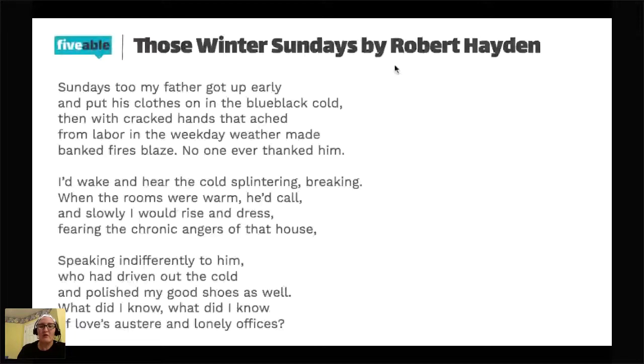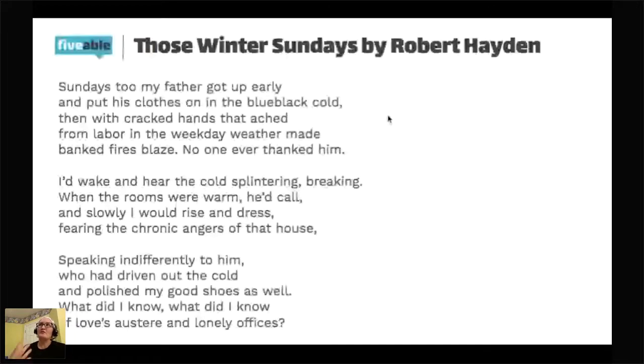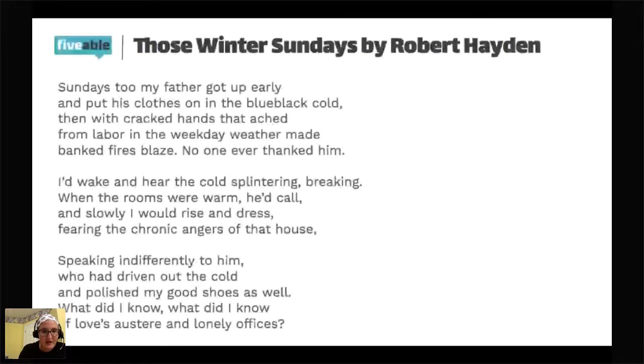That's one of the ways that you can pull meaning or tone out of the poem. For example, in this particular poem, maybe he wants to highlight "fearing the chronic angers of the house, speaking indifferently to him." That's kind of a tone shift happening there, if you're familiar with this poem. I think I'm not the only one who's done this poem in the live streams. Last time we talked about how there's a feeling of remorse and regret, but also this fear of his father.